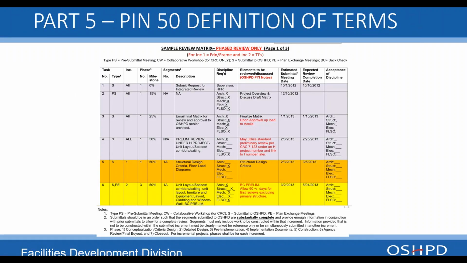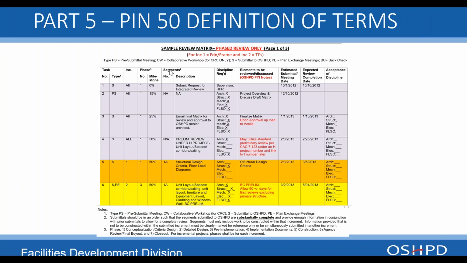This is just one sheet showing a sample of the matrix, where you see the task starts with task 1 at the beginning, the type S, which is defined up here. This is a submittal, for example. The phase 1 milestone is 15% here, milestone 25% here.